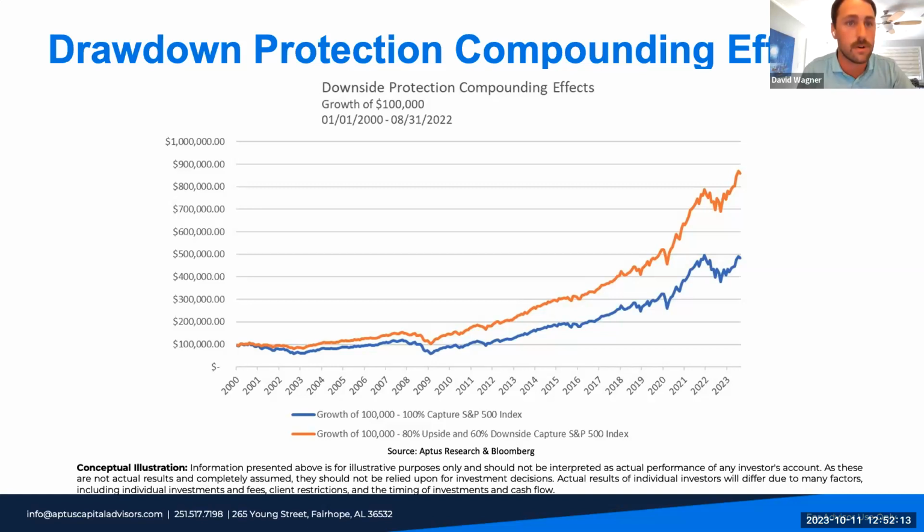And that would yield you a return of about 500% to $500,000 from your initial investment of 100,000. But if you create some type of asymmetry here, all right, where you capture 80% of the upside while 60% of the downside, you can compound capital at a much better rate of return. All right. And this is just over the last 22 years. You're almost having a 75% higher return over that 23-year period.